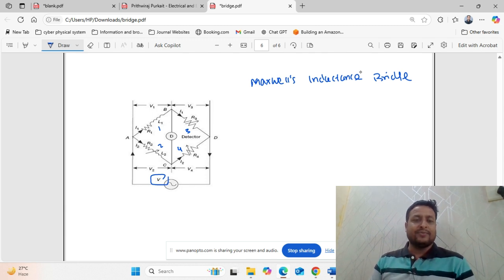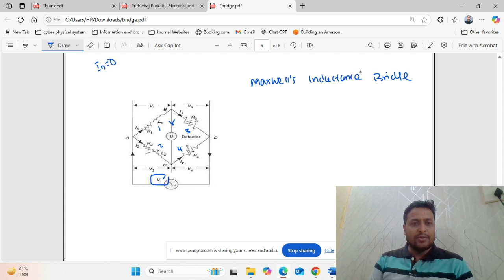So what is the relation we can see here? We can see that the bridge is under balanced condition when the current ID is equal to 0, and ID will be 0 when the voltage drop across AB is equal to the voltage drop across AC, or the voltage drop across BD is equal to the voltage drop across CD.